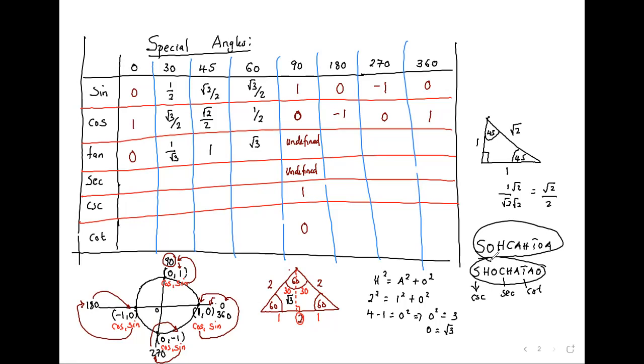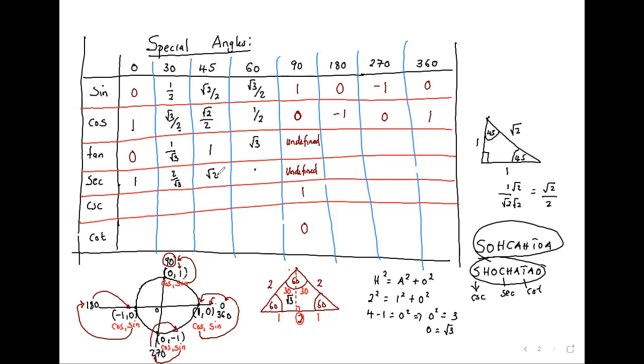So now for sec, cosec, and cot, you can fill up by just, for sec, we are saying it's 1 over cos. So we are using these values, 1 over cos. So it will be 1 over cos, that will be 2 over root 3. 1 over cos, that will be 2 over root 2, which is just going to be root 2.